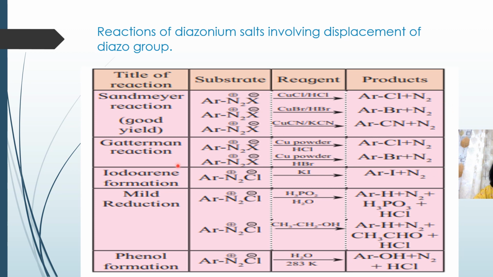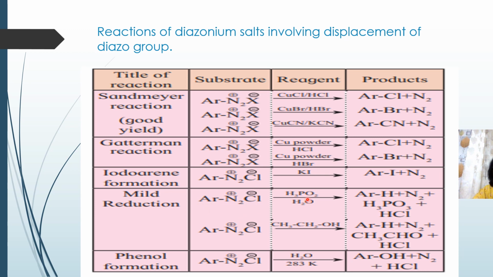Then Gattermann reaction: when this diazonium halide is treated with copper powder and HCl, you get the chloro aromatic derivative, and nitrogen gas is liberated. Then if diazonium chloride is treated with Cu powder and HBr, you get the bromo derivative of the aromatic compound plus N2. Then iodoarenes are prepared when diazonium chloride is treated with KI; you get iodo compounds plus nitrogen.